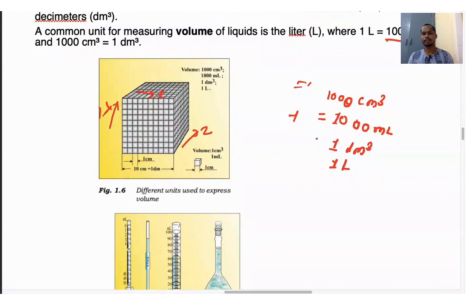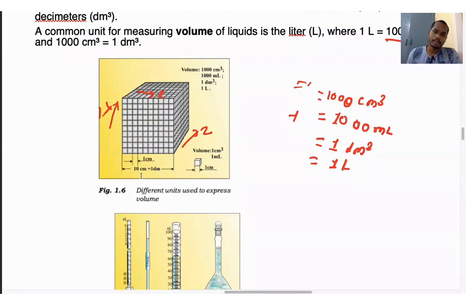So these are the measurements of volume. If you want, we can measure it in centimeter cube and milliliter, and also in decimeter cube and liter.